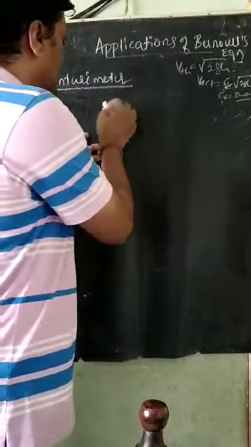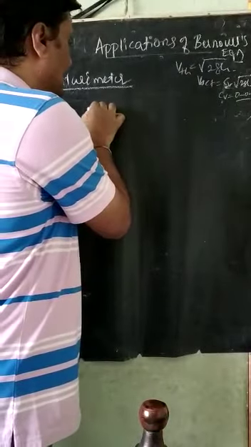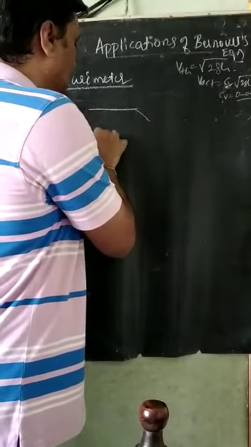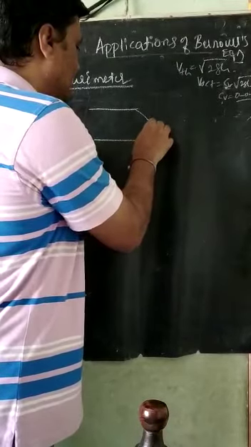Take a horizontal pipe, and this pipe is attached with the Venturimeter setup.